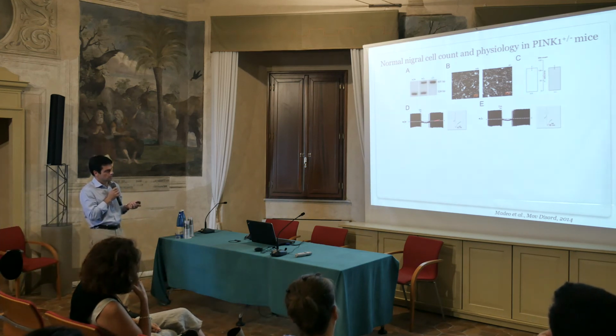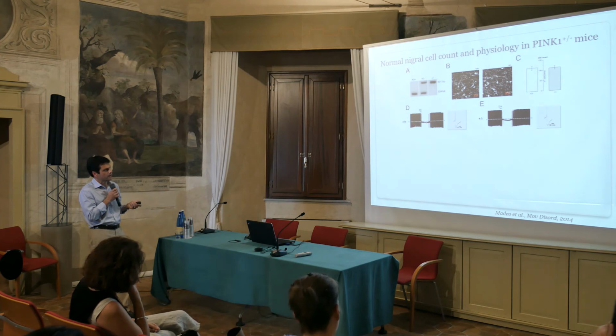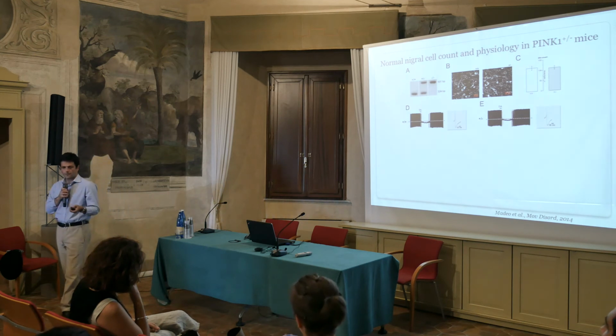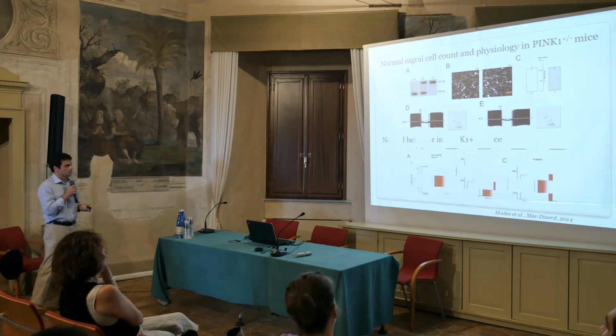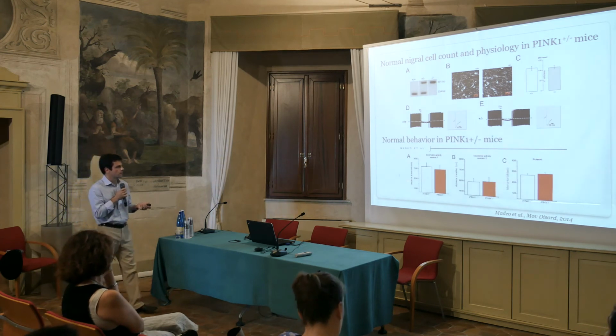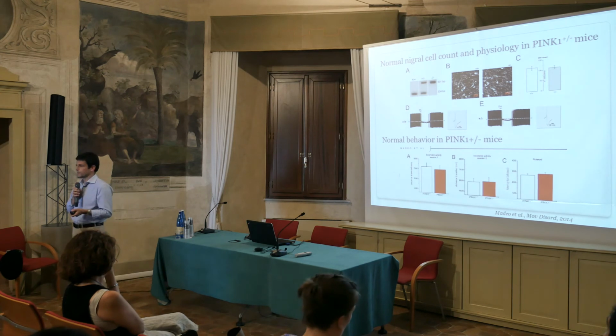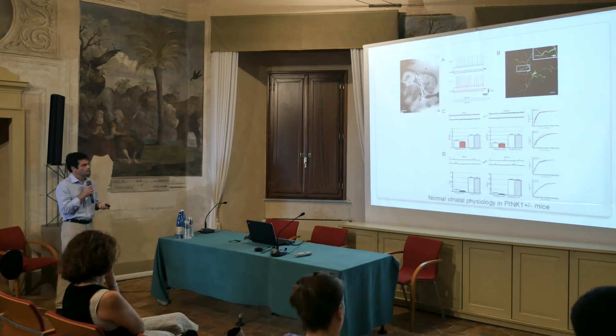And you can see also that dopaminergic neurons in the substantia nigra are actively firing. They don't have different responses to dopamine. This is a classical autoreceptor response, which blocks their firing activity. So they are inhibited by dopamine. And nothing seems to change. Also, the behavior, locomotor activity, was normal in these PINK1 heterozygous mice.